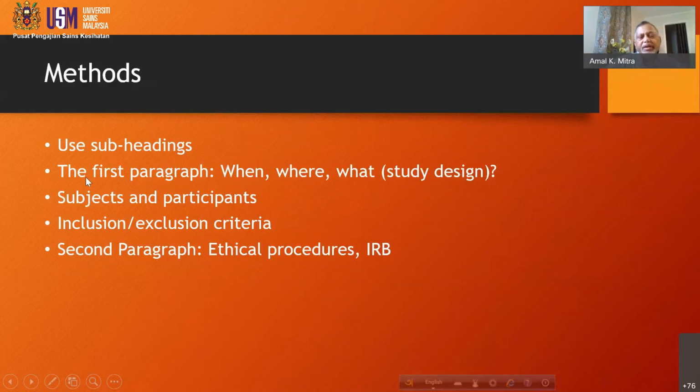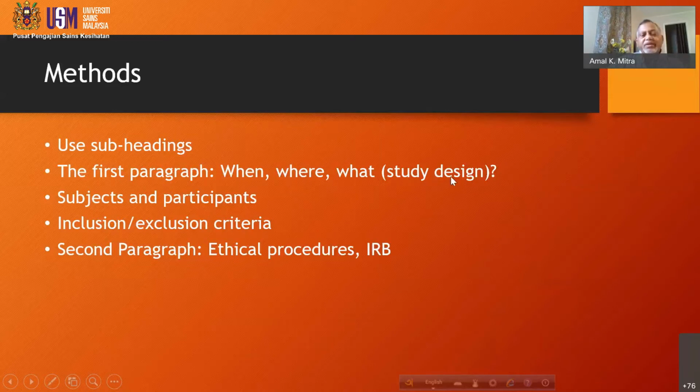The first paragraph, or the very first sentence in the method section, you should write about when you did the study, where you did the study, and what type of study design you have done. Is it a cross-sectional study, cohort study, or what? Is it a randomized control design or community-based study? You can tell what exactly you have done.